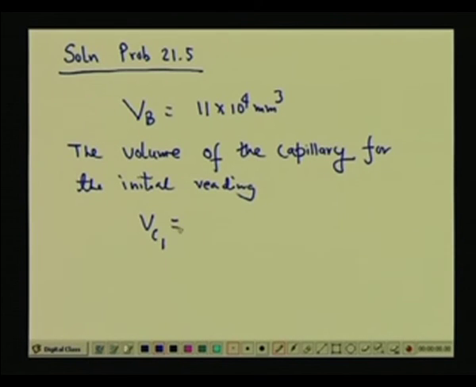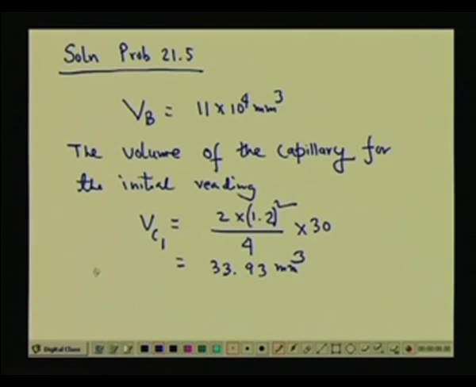Let us take that volume, pi into 1.2 square upon 4 into 30, which is giving you 33.93 millimeter cube.